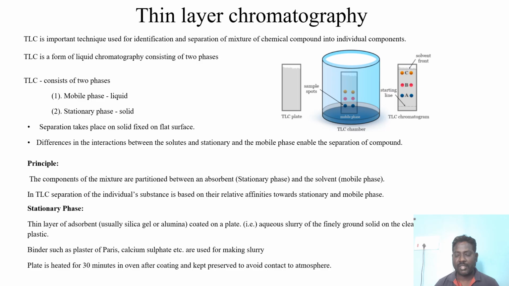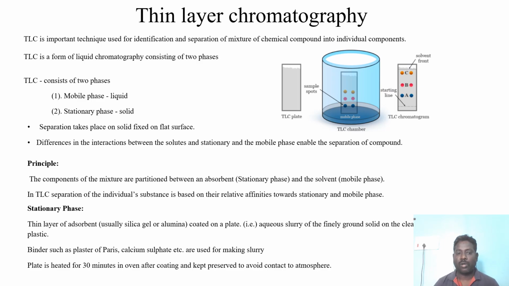How is the stationary phase made here? A solid compound is made into a slurry, and that slurry is coated on a thin plate like a glass substrate. After drying, you can see a uniformly dispersed layer on the glass plate.